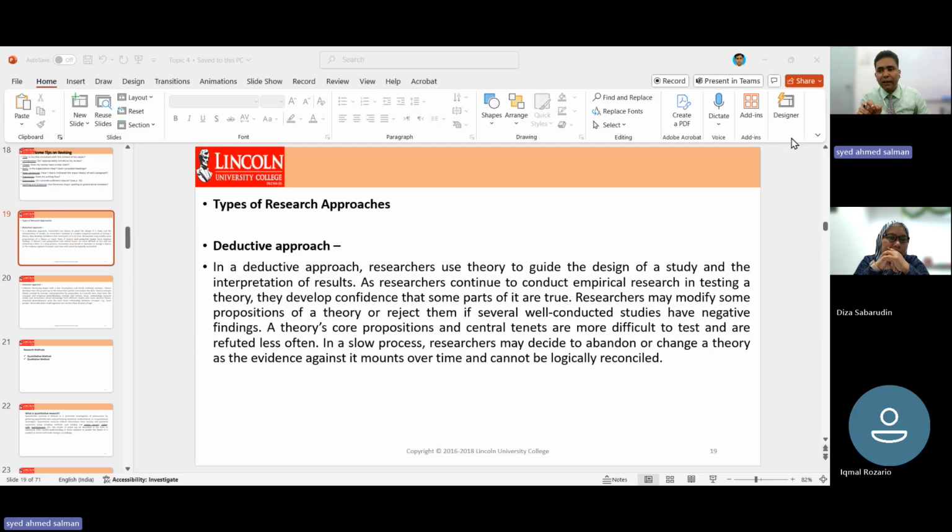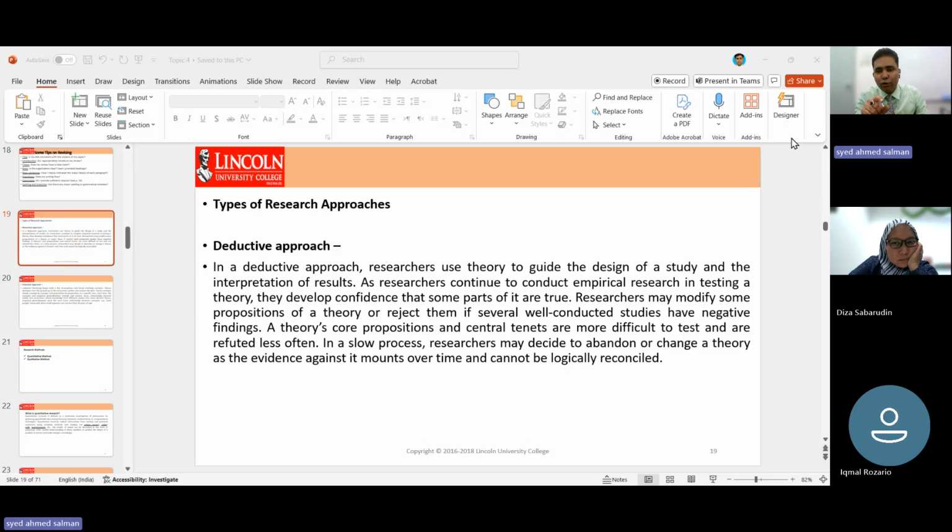Now, in the deductive approach, you are going to apply this in your paper when the theory is already available. For example, social cognitive theory, diffusion of innovation. These theories are already available, so you do not have to test the theory.